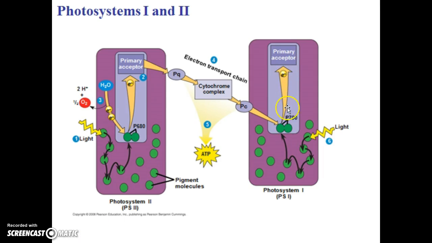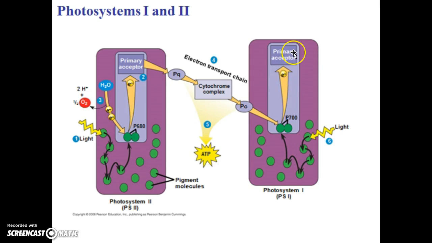It's this loss of the electron giving this a positive charge that allows P700 to accept this incoming electron. So the electron over on photosystem 2 comes from water, but that same electron is what goes into P700 as these get excited by the photons and kind of dumped.